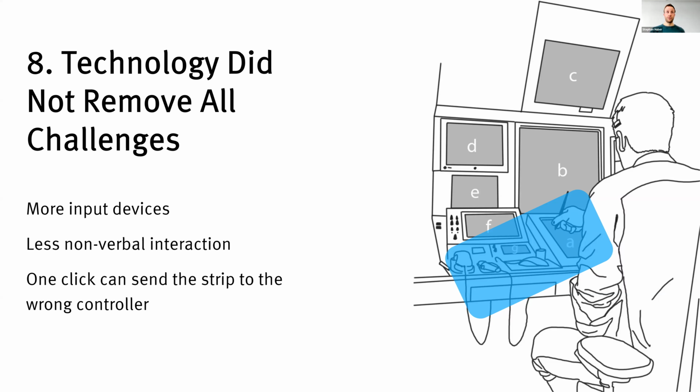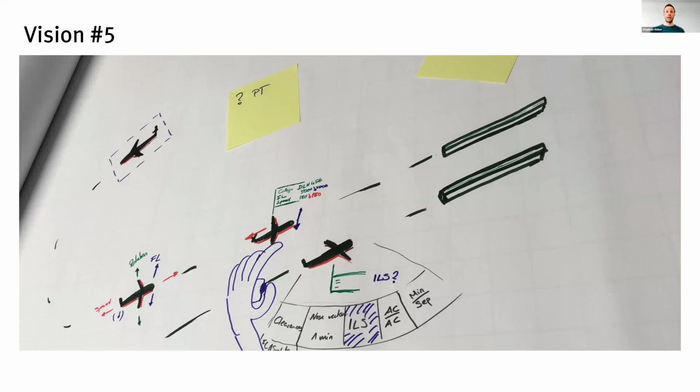So we used all those insights and many more and tried to create this one face to the ATC, one holistic interface vision. In the vision that is most playful and that we are most keen on, we try to bring back the tangibility that paper strips once offered, but that was lost over the last 20 years in air traffic control domain design.